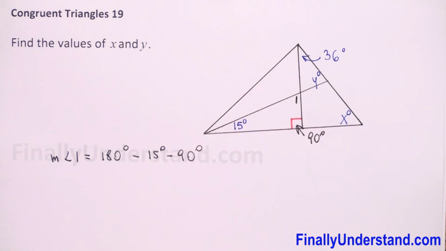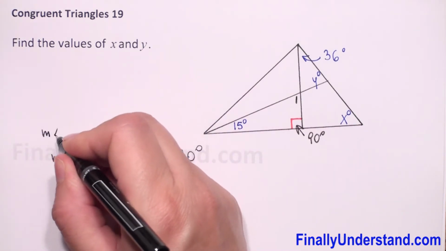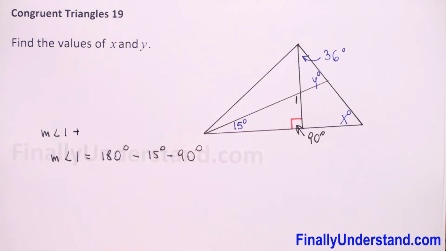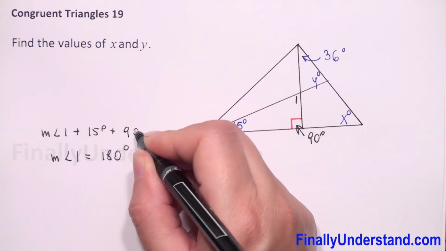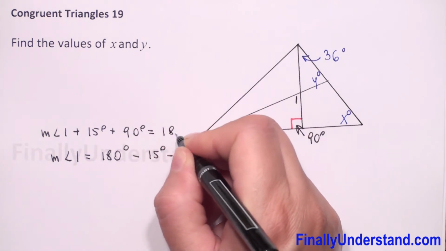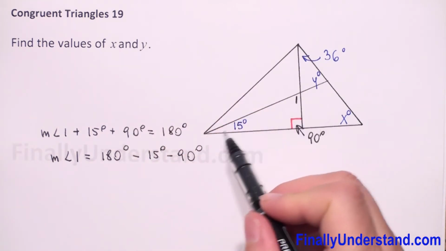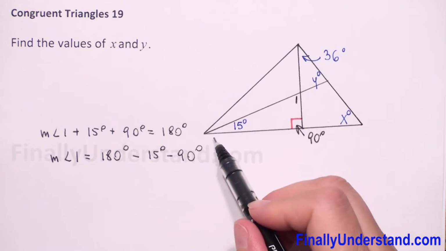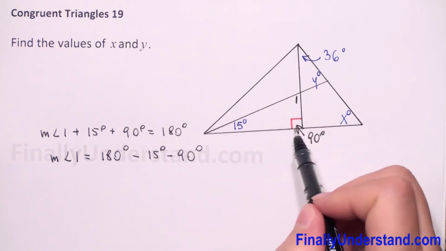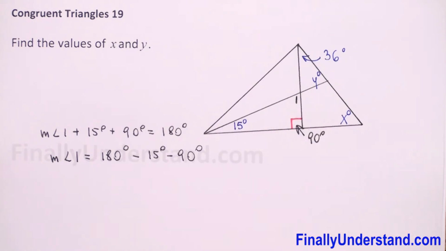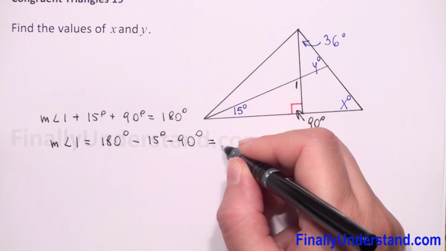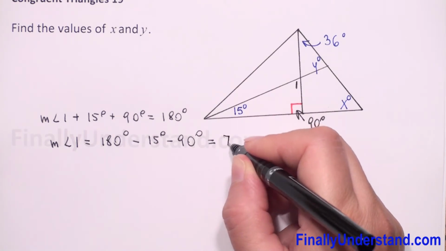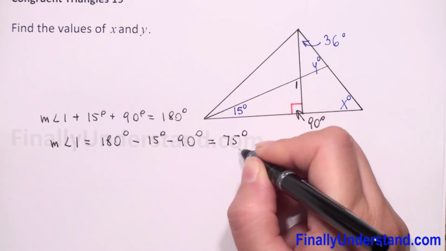How do I get this? Because the measure of angle 1 plus 50 degrees plus 90 degrees is equal to 180 degrees. We have a triangle here, and the measures of interior angles of a triangle is 180 degrees. So we have that the measure of angle 1 is equal to 75 degrees.